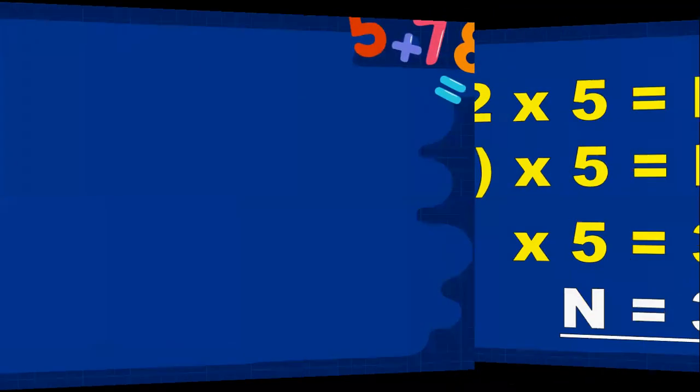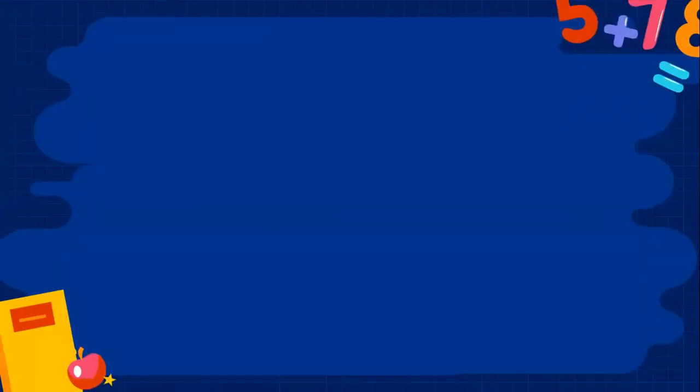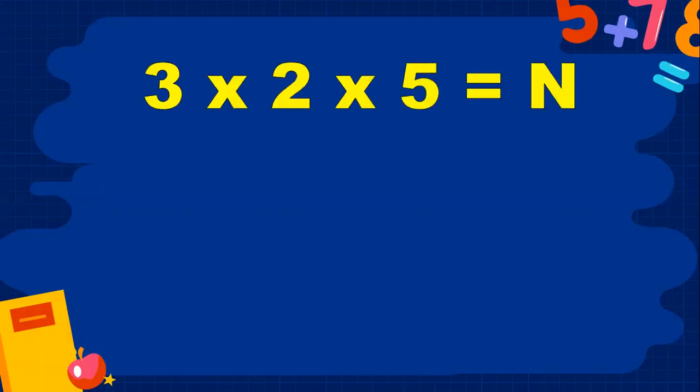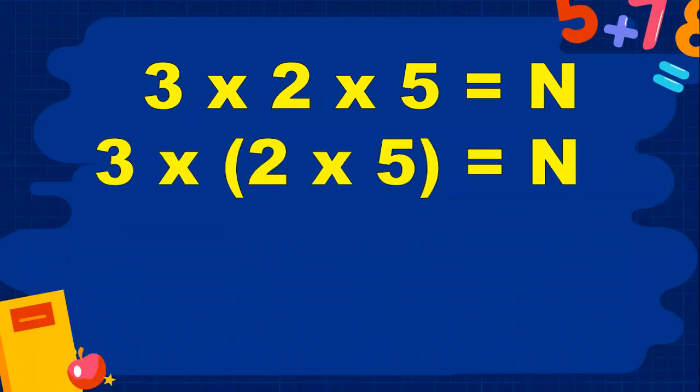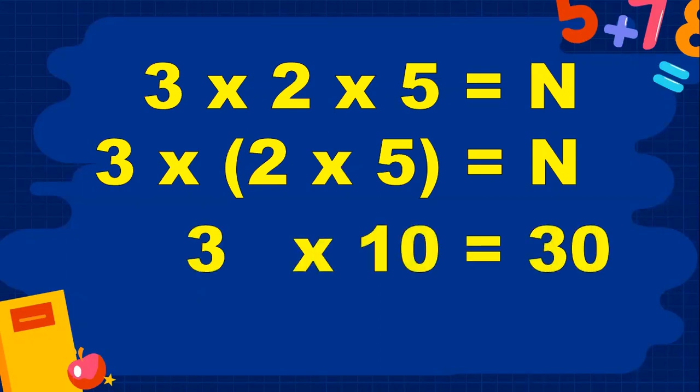We can also solve this one through another solution. We have 3 times 2 times 5 is equal to n. First, we're going to multiply 2 times 5, that is the second group. 2 times 5 is 10. 3 times 10 is equal to 30.